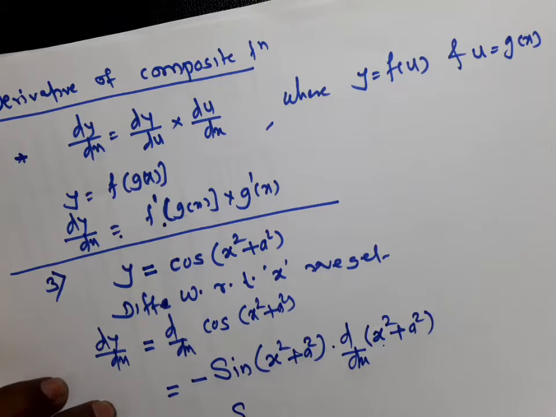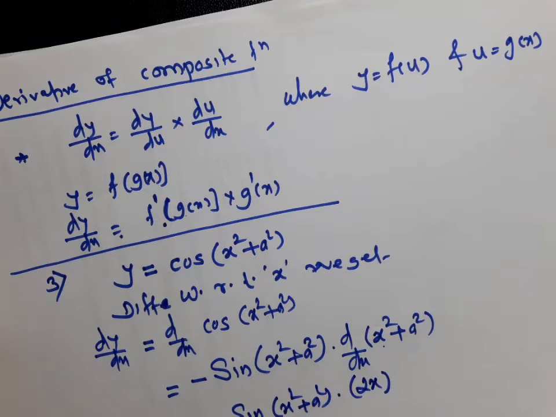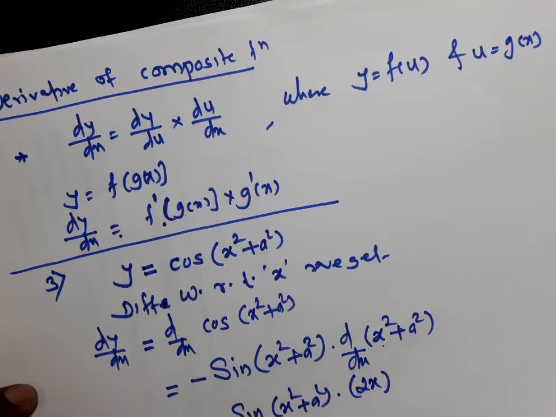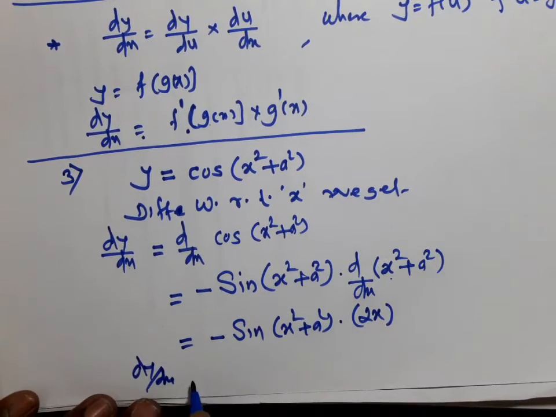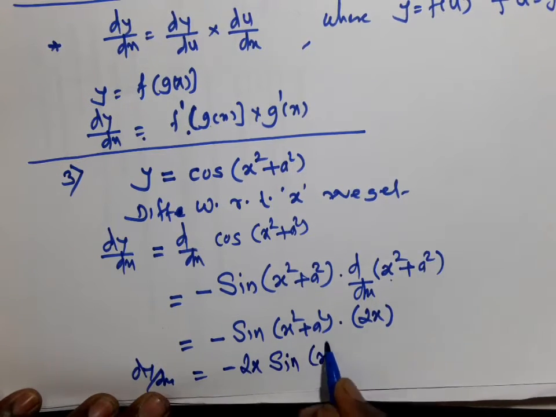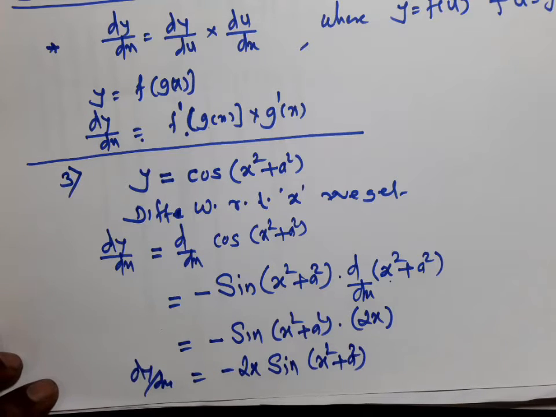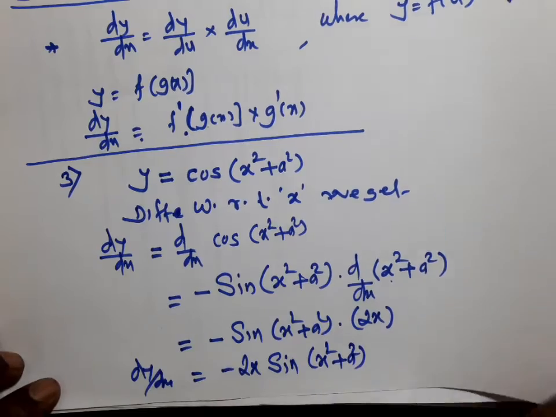So minus sin x square plus a square into the derivative of x square, which is 2x, and the derivative of a square is 0, because the derivative of a constant is 0. So the final answer is dy by dx is equal to minus 2x sin x square plus a square. Okay, so the chain rule is simple if you understand it clearly. Next I'm going to add some more examples.